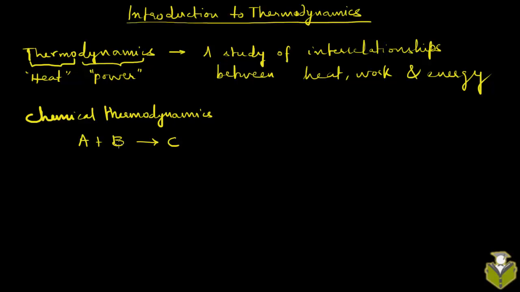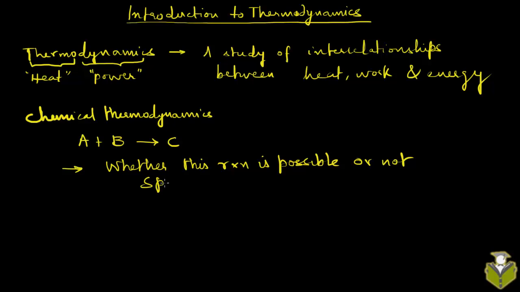If you combine these two reactants, is the reaction going to be spontaneous, or do you need to supply some energy for this reaction to occur? First of all, whether this reaction is possible or not: spontaneity, energetically feasible or not.